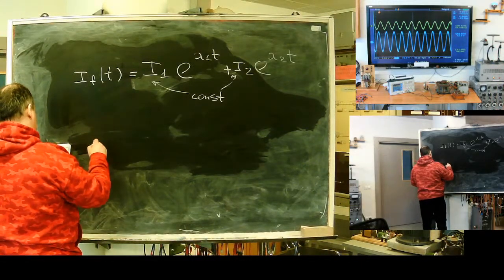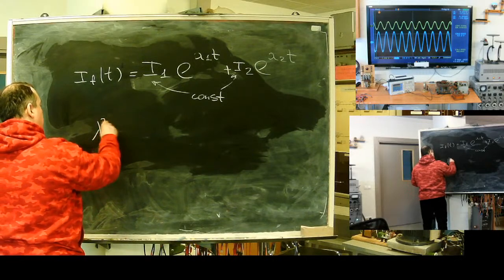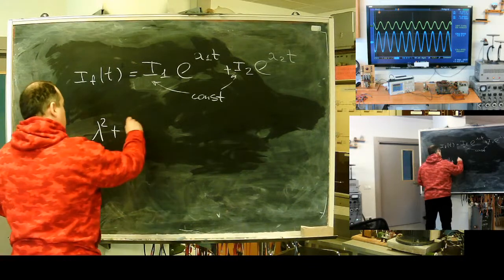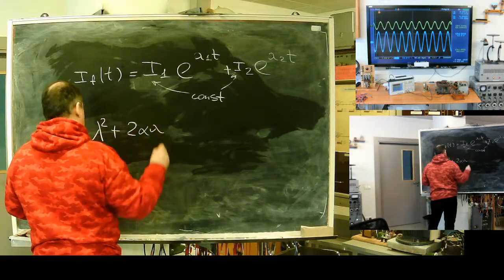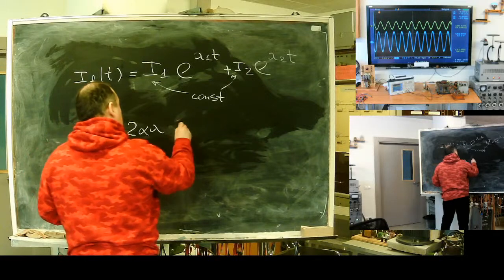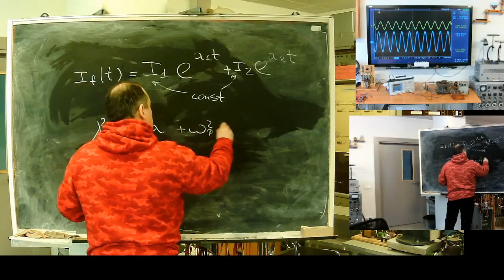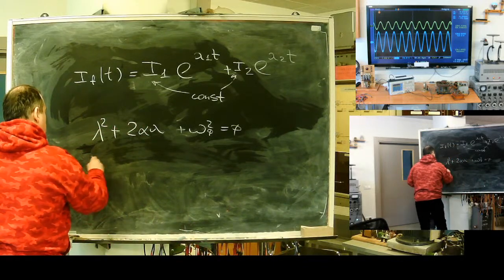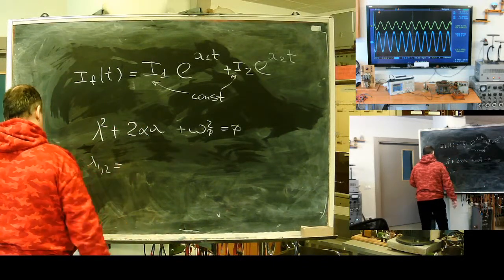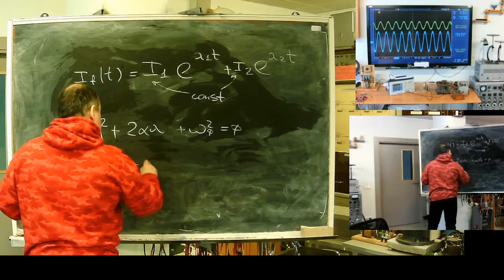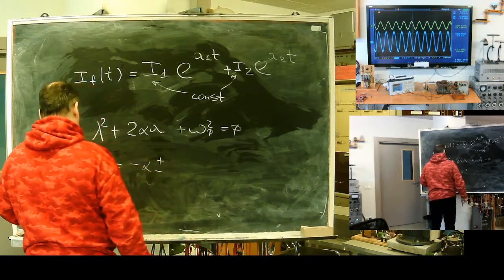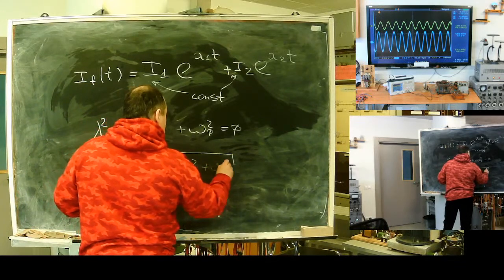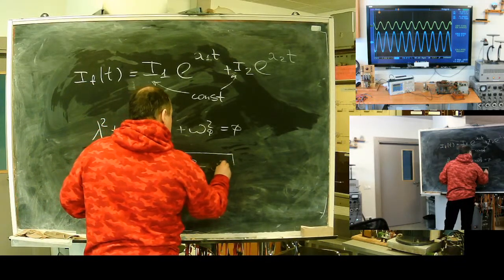To get lambdas, we just need to solve the equation lambda square plus double alpha lambda plus omega 0 square equals to 0. This will get you, what? Minus alpha plus minus square root of alpha square minus omega 0 square.